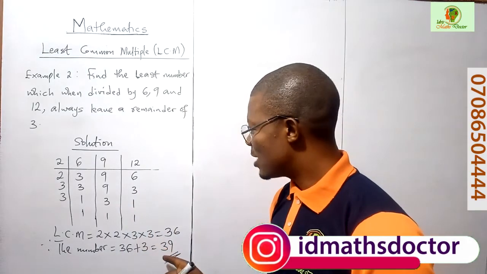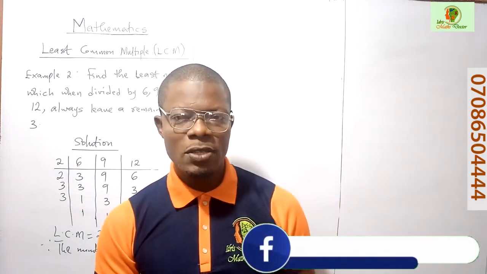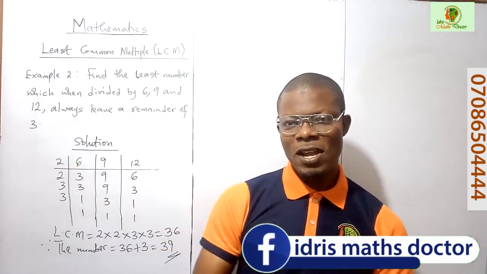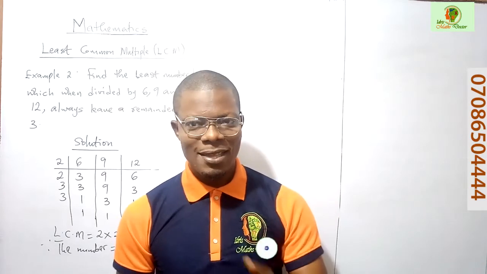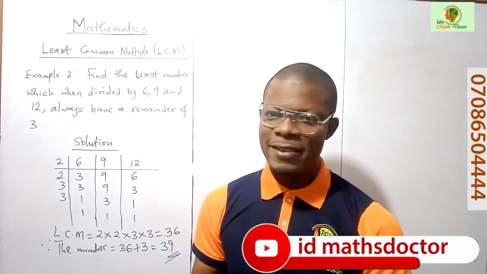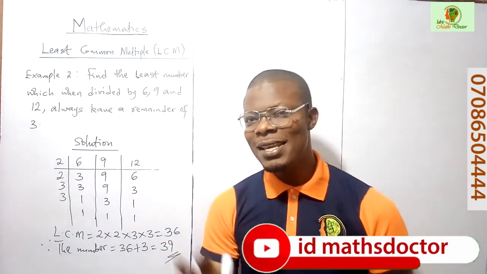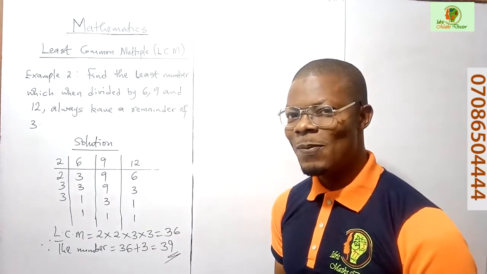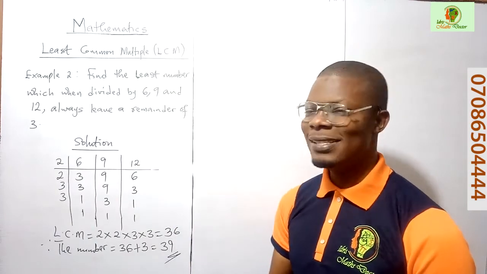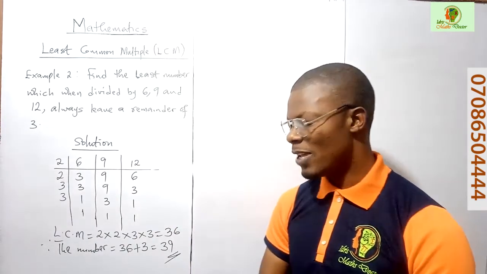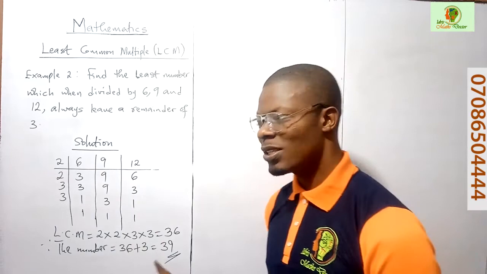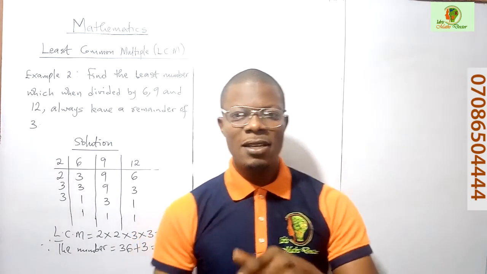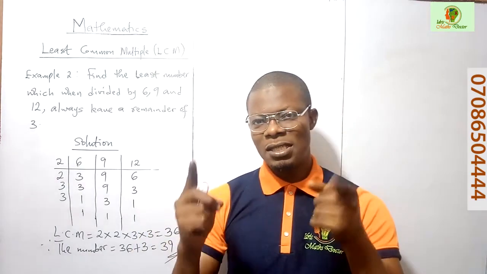Similarly, when you divide 39 by 12, it's going to give us 3 remainder 3, because 12 times 3 is 36, and leaves a remainder of 3. So the least number that when you divide by 6, 9, and 12 always leaves a remainder of 3 is 39.